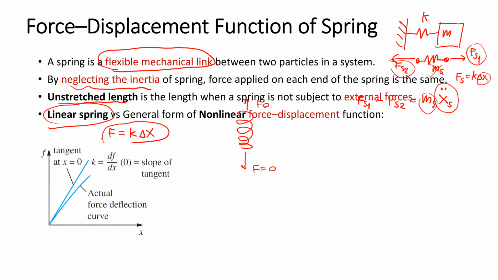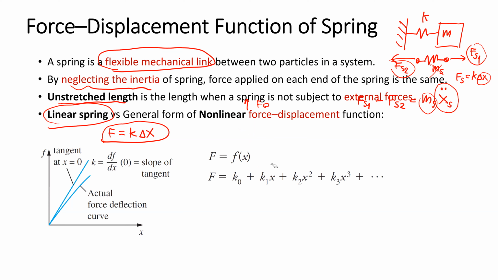Actually, Hooke's law comes from experiment, but to explain why F equal to K delta X, we may begin from the general polynomial form.